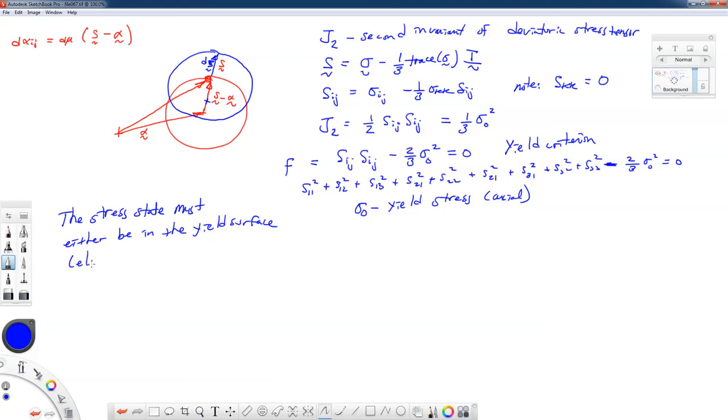That's where we have elastic material behavior for elastic plastic materials, or the stress state is on the yield surface. And even if this yield surface moves, this stress state, this stress point, must maintain itself on the yield surface during plastic flow.